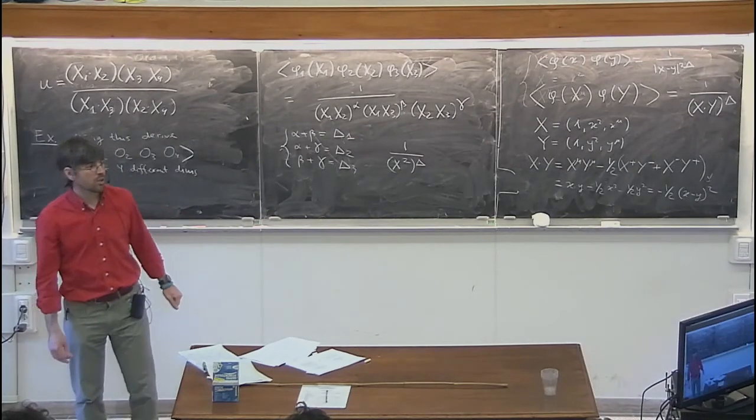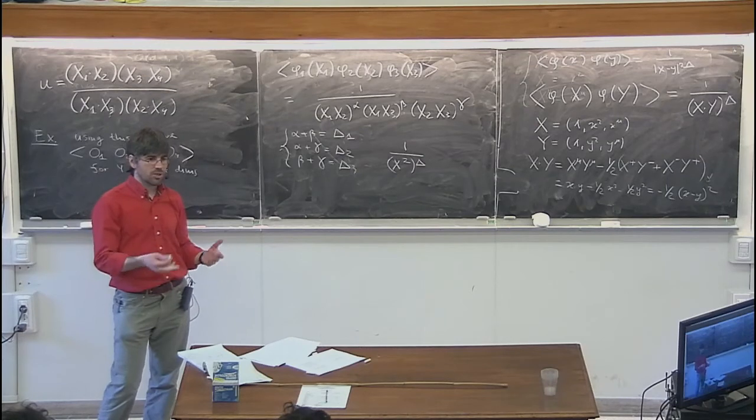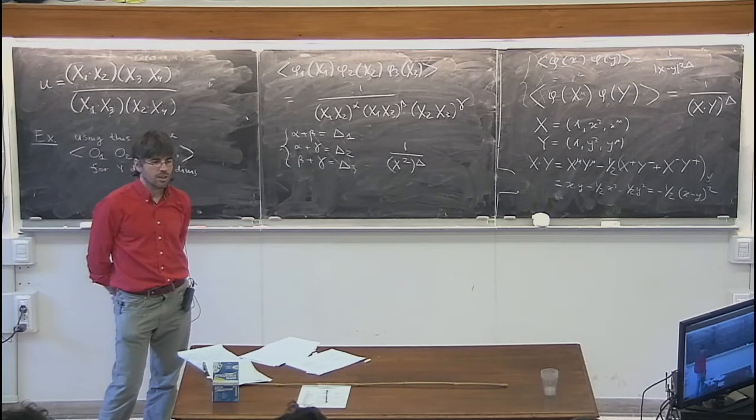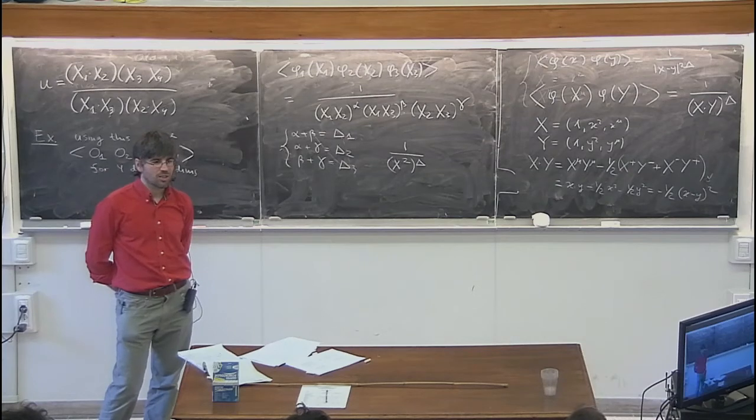For 4-point functions, it's more complicated, because this i epsilon prescription, this analytic continuation, becomes more subtle when you go to higher point functions. It still remains true that you can obtain Minkowski correlators by analytically continuing Euclidean correlators, and they will have more or less the same functional form, but you may acquire some extra pieces from crossing various singularities in the complex plane.